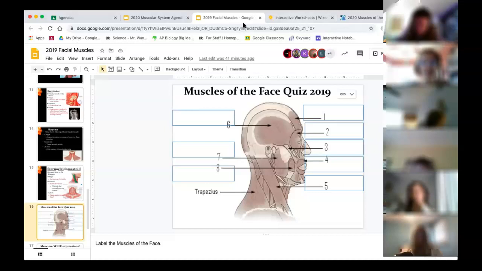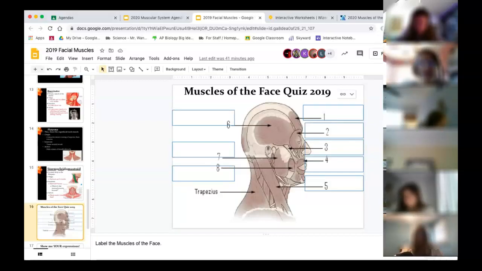Okay, let's give a tricky one to Bally. What is that number? 5. Sternocleidomastoid. Very good, yes. Sophie, can you give me number 6? Is that the temporalis? It is. And number 7, how about Salamar? Yes.